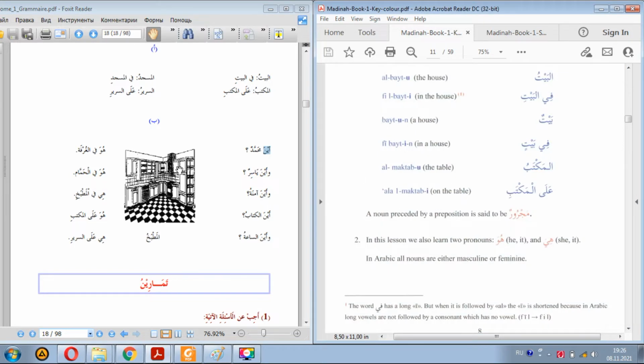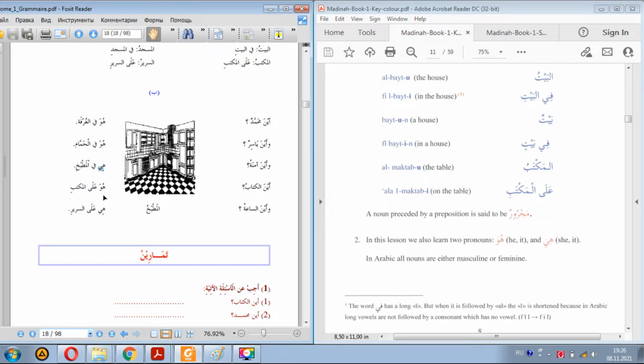And we learned that all nouns in the Arabic language are either masculine or feminine. So huwa means he or it, and hiya means she or it. If we have women, we refer to them as hiya, and if we have men, we refer to a man as huwa.